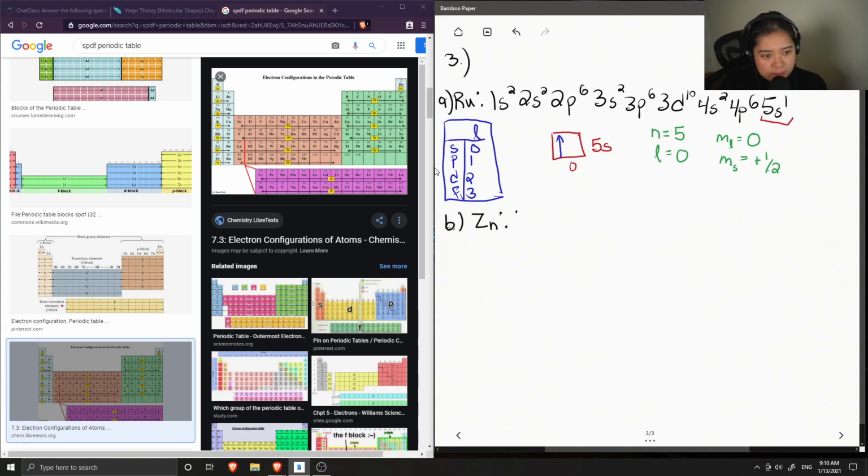And let's start to write down its electron configuration. So 1s2, 2s2, 2p6, 3s2, 3p6, and then 3d10 I'll write first. And then I'm going to write 4s2.